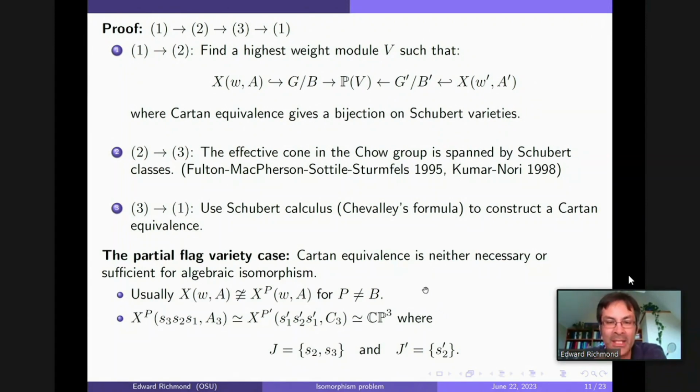I do have some ideas, I should qualify, some extremely unvetted ideas of how I could modify this, but I really haven't tested anything out. This is just to let you know that in this partial flag variety case, when you're modding out by this larger parabolic, strange occurrences can happen.